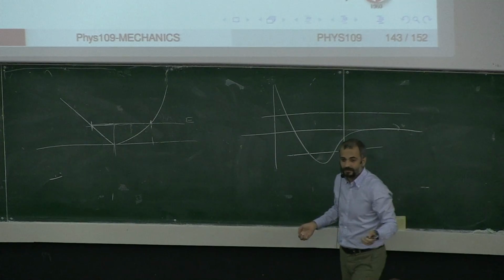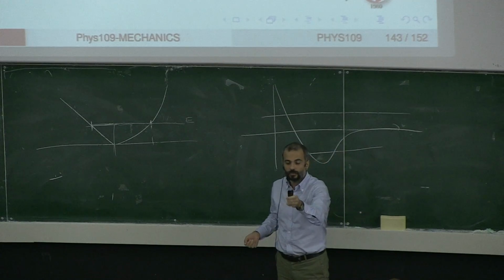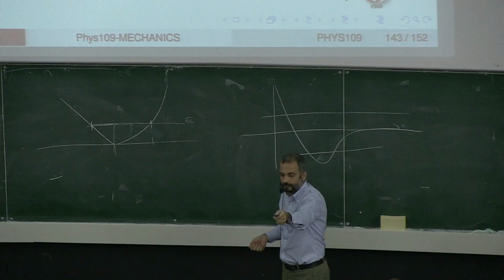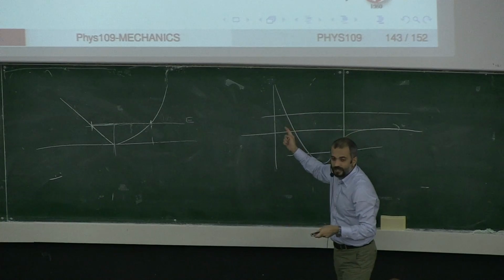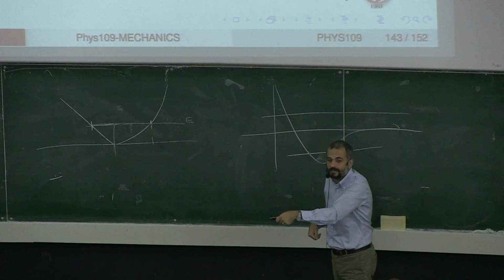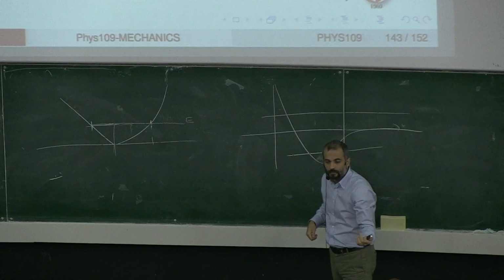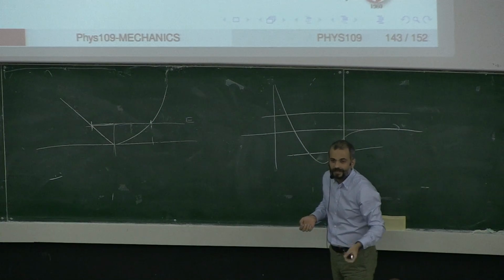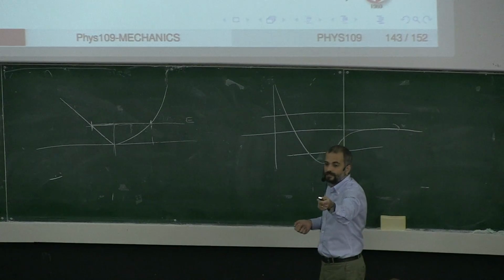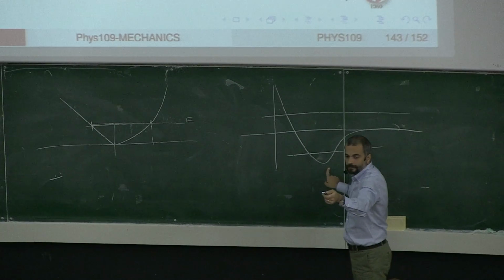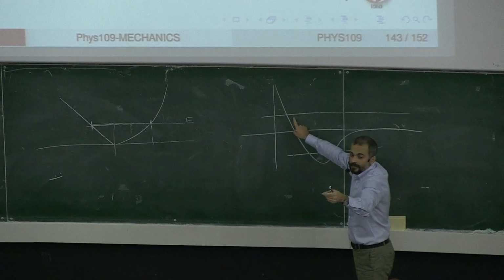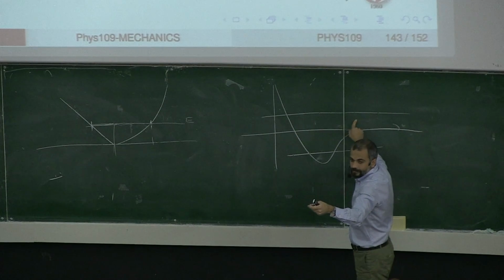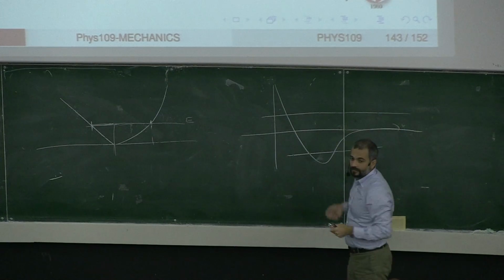If there was nothing else around, it would first come to you, so its radial distance will decrease, and then it will go to infinity because the attraction is not strong enough. So the potential energy will drop, but after some point it will go away from you, meaning that it will go to infinity.